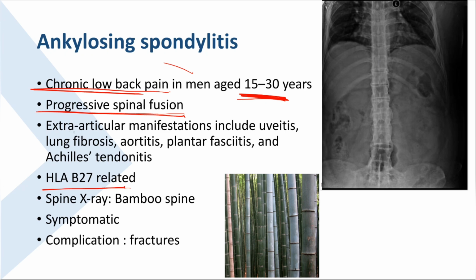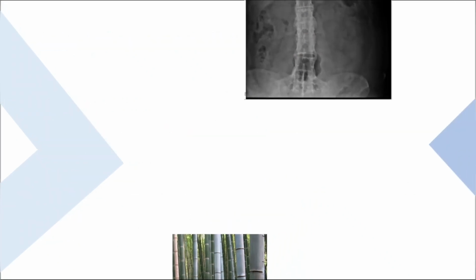There might also be extra-articular manifestations like eye involvement, uveitis, lung involvement, lung fibrosis, aortitis, plantar fasciitis, and Achilles tendonitis. If you do an X-ray, you may see fusion of the joints. It shows like a bamboo spine. The treatment is symptomatic and you send them to the rheumatology team.